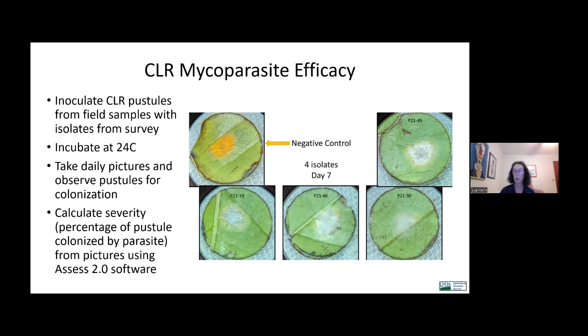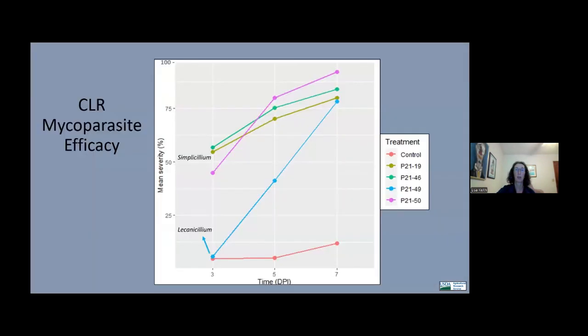And so the negative control in the top left shows you this abundant spore production, and these other potential mycoparasites were very good at colonizing, particularly the areas where spores were located on these discs. Just to look at it a different way, on the x-axis is the time, days post-inoculation, versus mean severity on the right, the y-axis, and different genera and isolates.